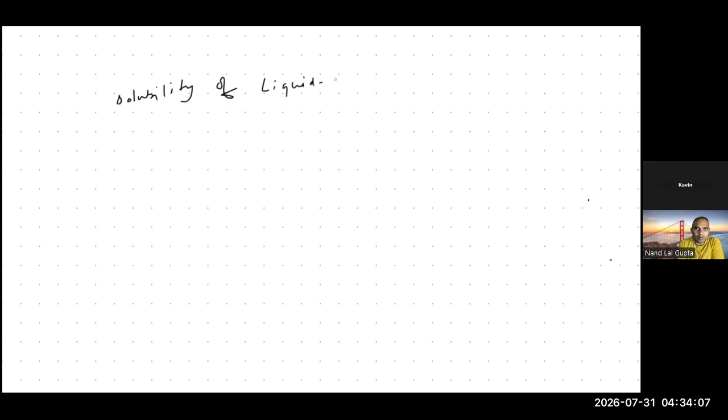Handwriting will be a little bit difficult now because I'm writing on the pen tab. Writing on the tab is very smooth, not a rough surface.